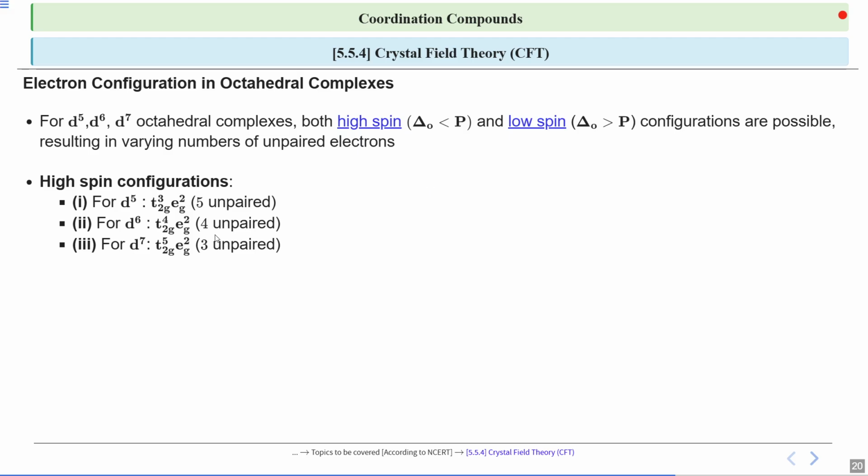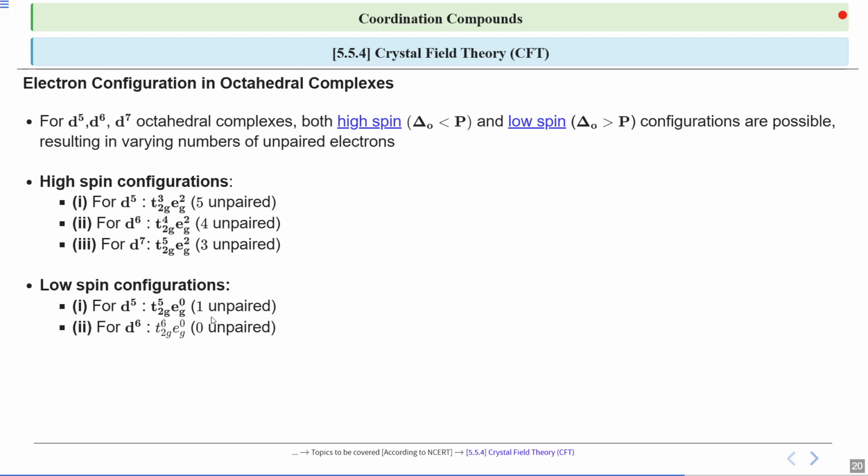And according to that we get a different number of unpaired electrons. For the low spin configuration, we prefer the pairing more. So for d5, we get t2g5 eg0 configuration, that is 1 unpaired electron.